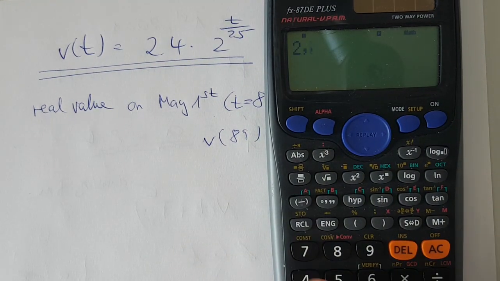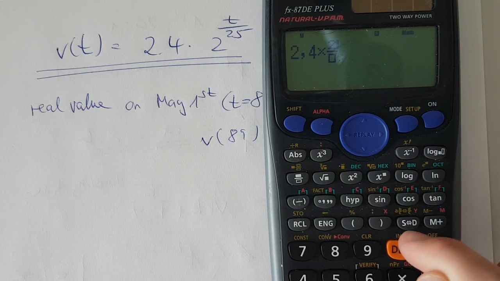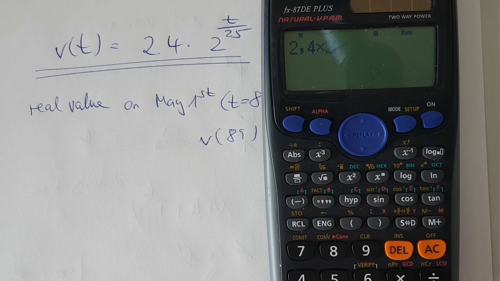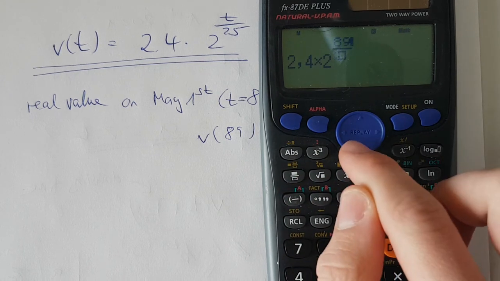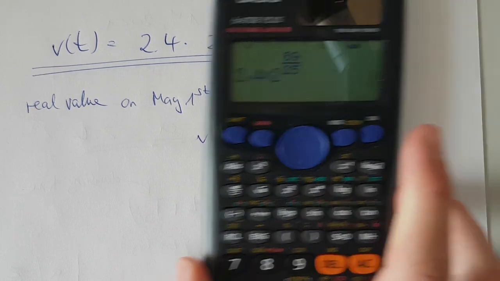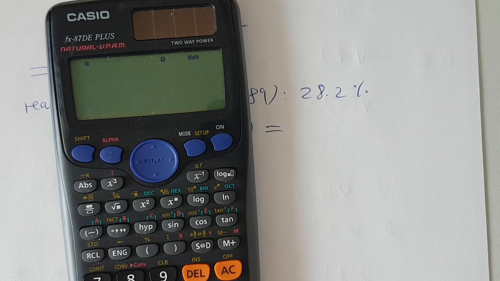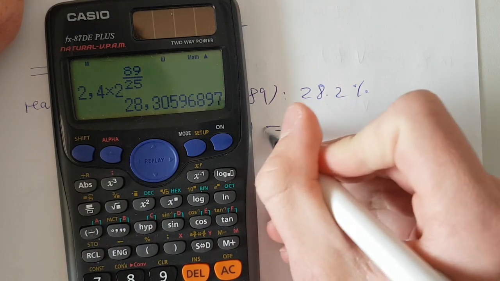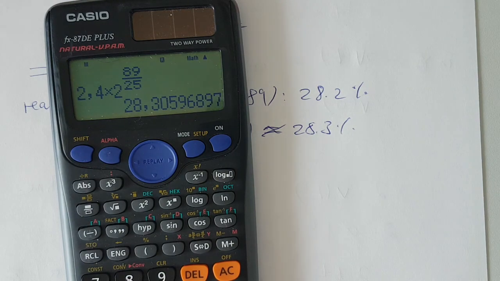So 2.4 times 2 to the power of t, which is 89 divided by 25. We expect a result of 28.2, and our model gives us 28.3. So it's almost 28.3%. So it's quite an exact model, I guess.